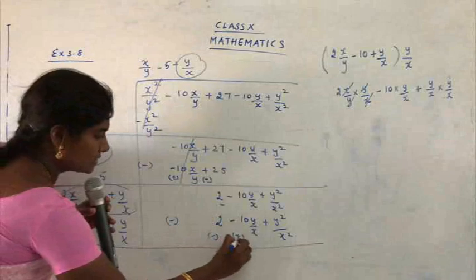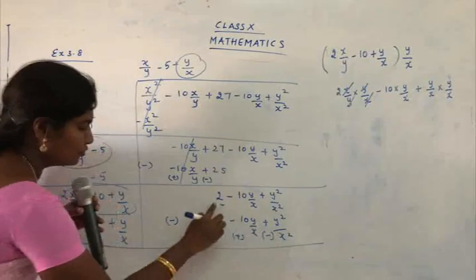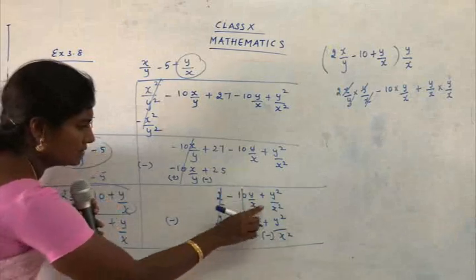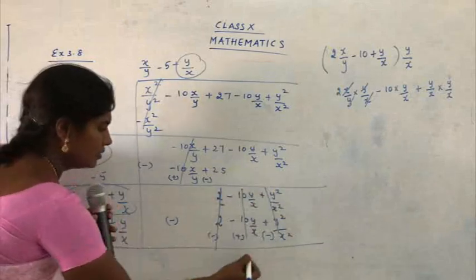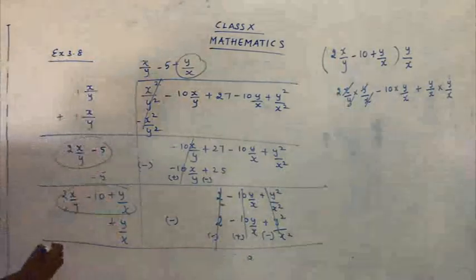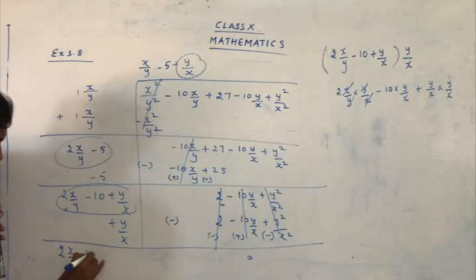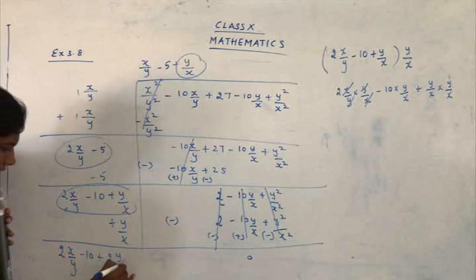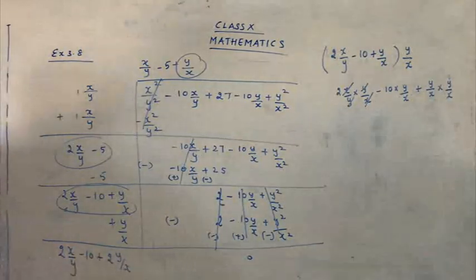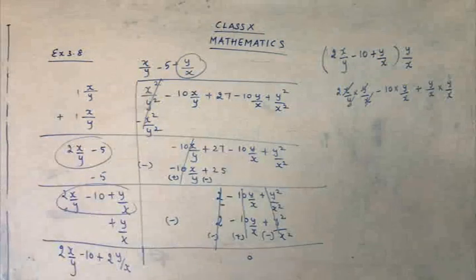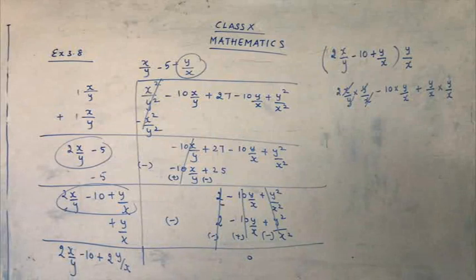Minus, plus, minus. 2 minus 2 cancel. Minus 10 plus 10, same terms, plus minus same term. So what is left here? 0. Let's finish this part here. 2x upon y minus 10 plus 2y upon x. Write down the steps properly. I told you I want the rough part, so do not miss the rough part. Show the working in the rough column.